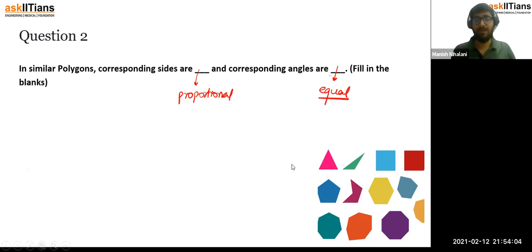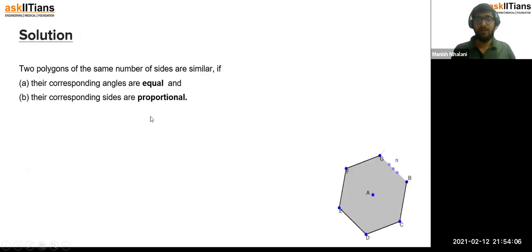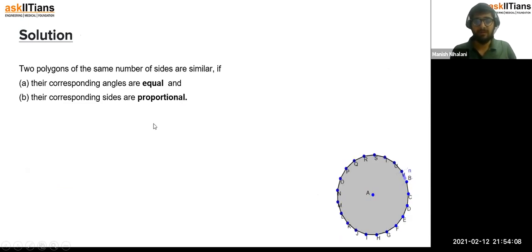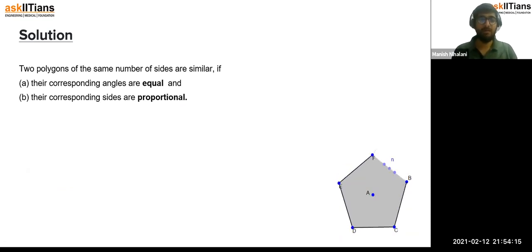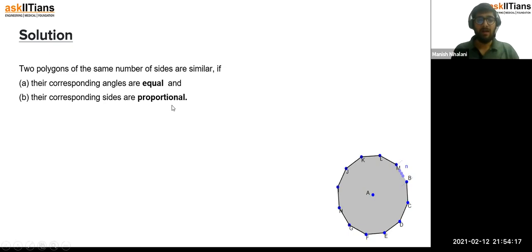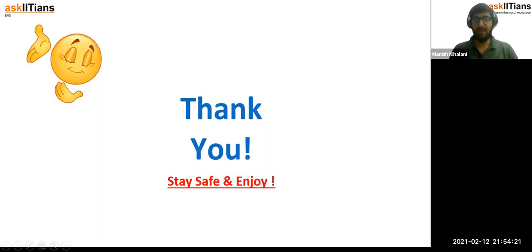The angles have to be equal, right? So this is about similarity and congruency. This is what we learned about and discussed. How do we differentiate similarity and congruency? And we would definitely learn new and exciting things in the next class.